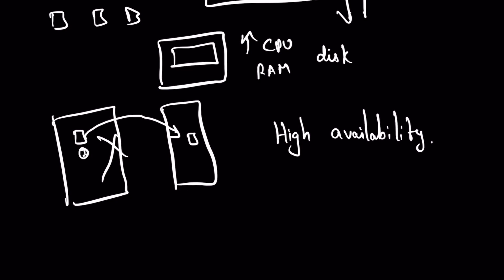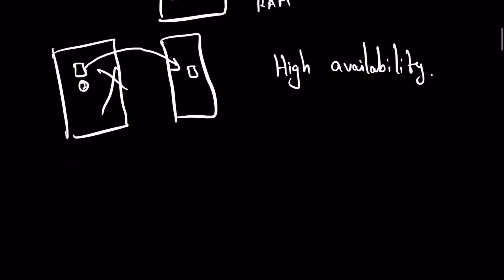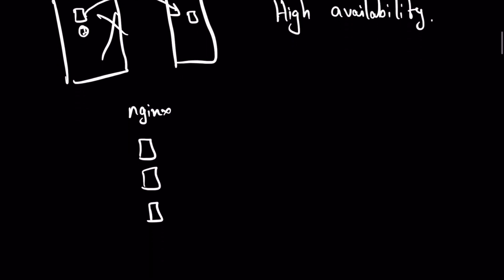Alright, and for example, let's say that you're running an Nginx application again, and to serve many users, we are having 3 pods. So using container orchestration, you can configure a load balancer to automatically transfer traffic to any one of the containers based on which is free.